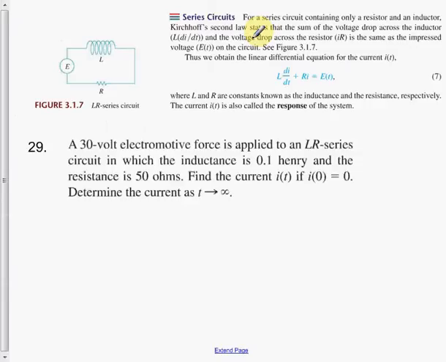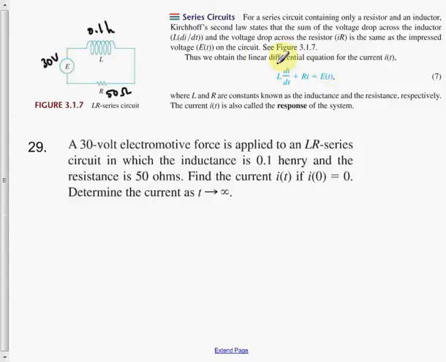So here, this is the diagram, and so here we have 0.1 Henry, and then we have 50 ohms, and then the voltage there is 30.